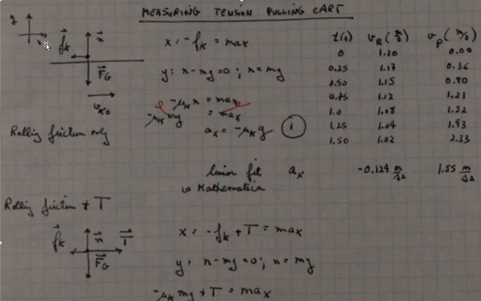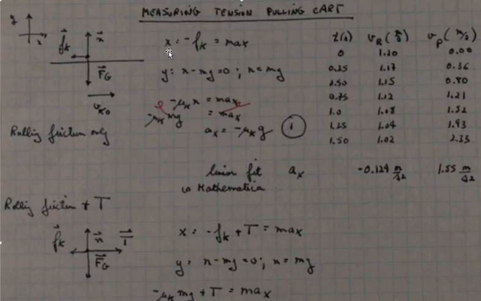Now, from the free body diagram for each one and Newton's second law, I can figure out from the first data set what F sub k is with a force analysis. Then knowing what F sub k is, I can figure out what T is in the second scenario, again doing a force analysis. Starting with the first one, where only F sub k is acting, there's no tension pulling it.